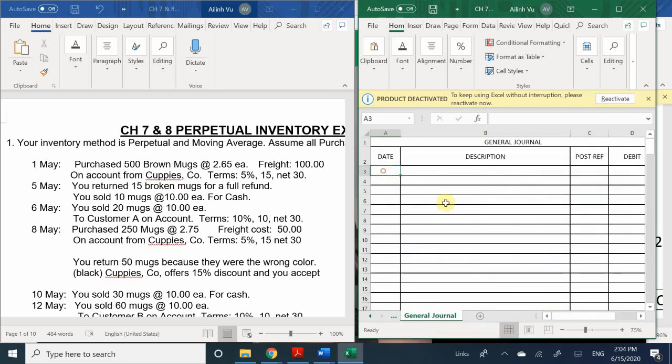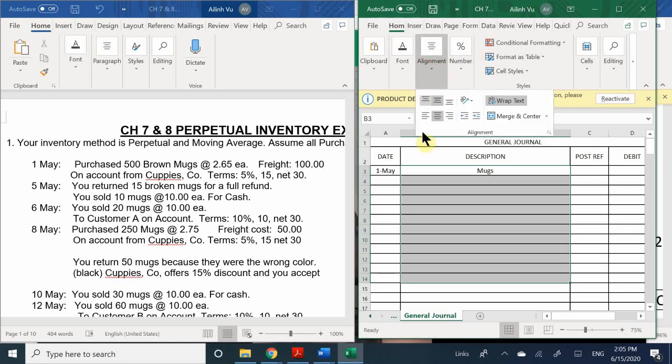So here we're going to journalize that on the, okay, 1st of May, 1st of May. Mugs. Yes, we purchased mugs, and accounts payable. And, okay, hold on. I think all of these are set for the middle. I need it set for left align.